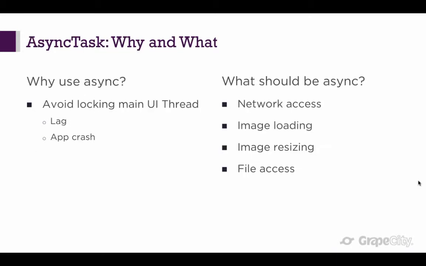I touched on asynchronous programming previously. One of my bugs was that I was loading images on the main UI thread. This is why I need to use asynchronous programming. The main UI thread is for the UI, only the UI, to lay out new views and to refresh the views. I want to avoid doing things like loading images or hitting a web service, because it's really going to cause the UI thread to lag and even crash my app in some instances.